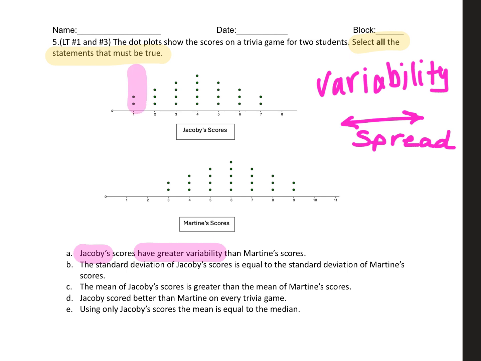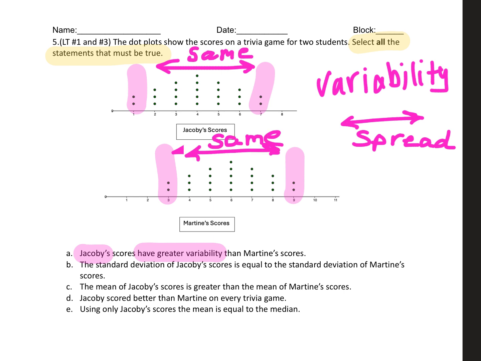So if we look at the spread of Jacobi's and compare it, we're not looking for bigger numbers, we're just looking to see how spread out it is. And actually, their variability is the same. They are spread out the same. So greater variability, nope. So option A is not correct.